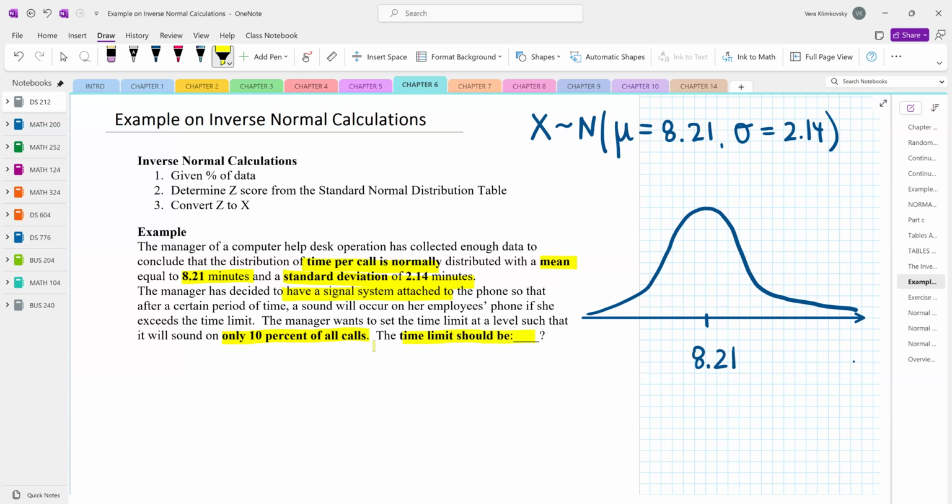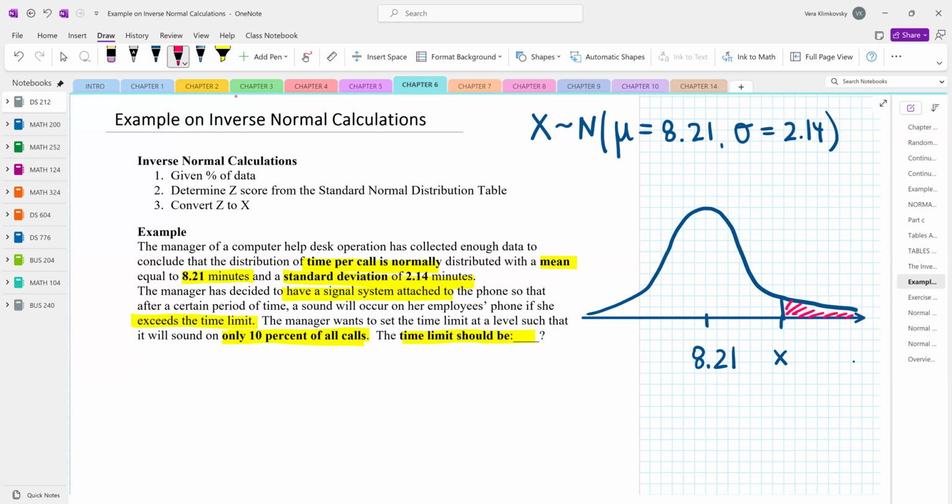So what is that time limit that we need to find? First of all, let's make sure we understand where that value belongs in the graph. Is it to the left of the mean or is it to the right of the mean? Think about this. Only 10% of the calls should exceed the unknown time limit. So this suggests the unknown x value is above the mean, so that 10% of the phone calls exceed this unknown x value.